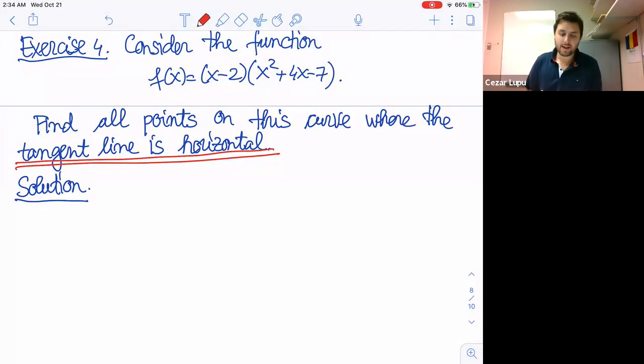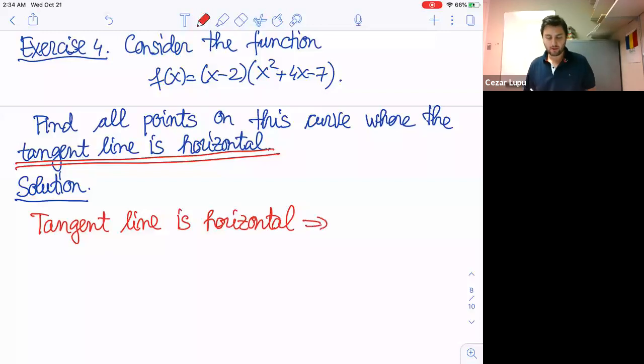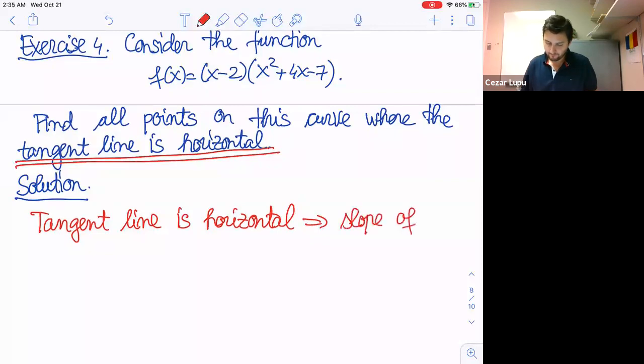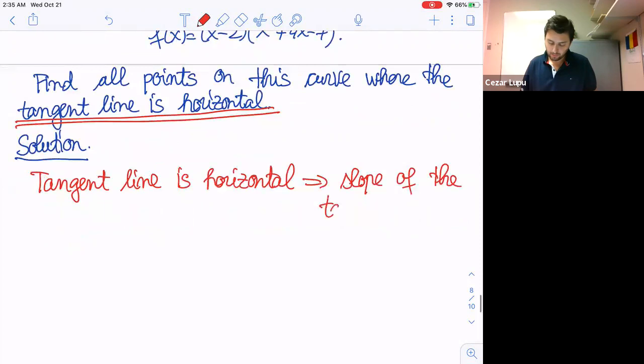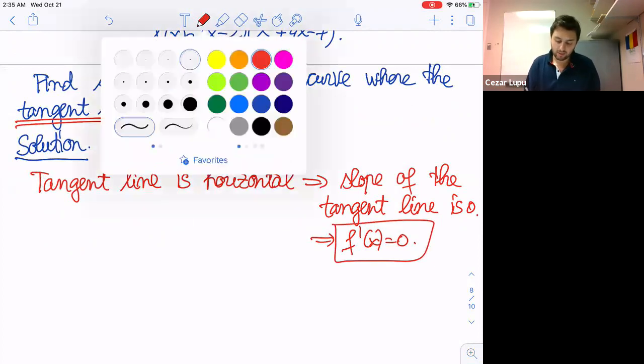Well, if the tangent line is horizontal, then the slope of the tangent line is 0. In other words, the derivative of f is 0. So that's what we know, right? Now we can compute the derivative.